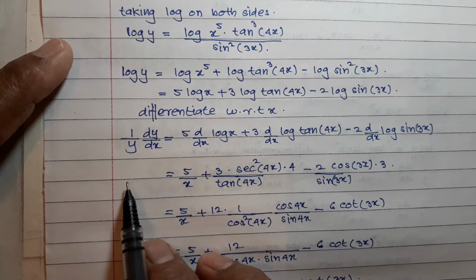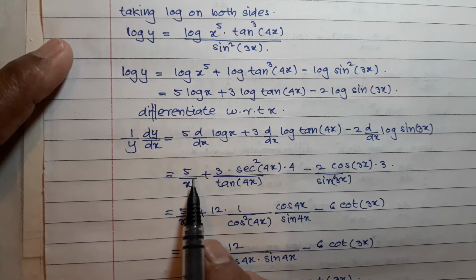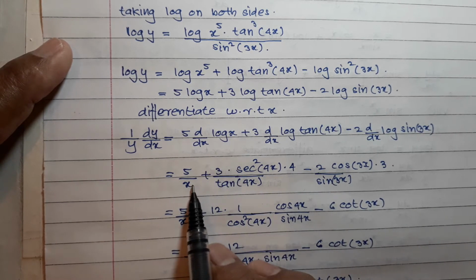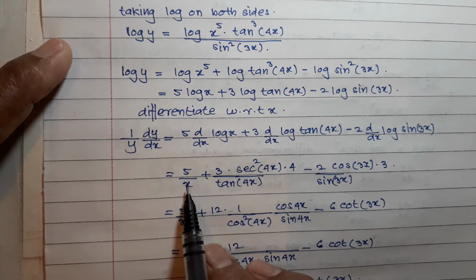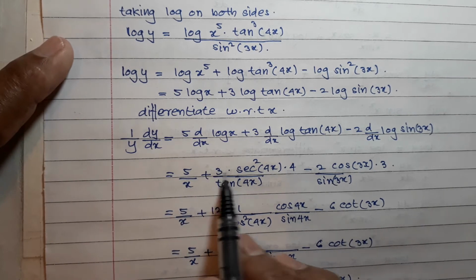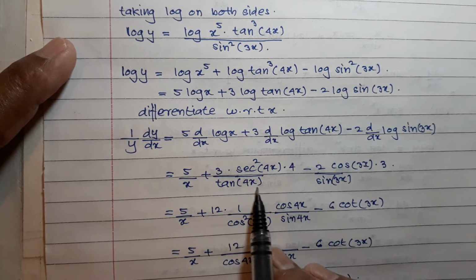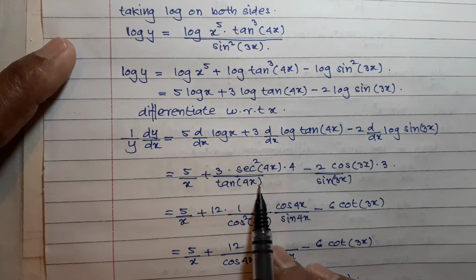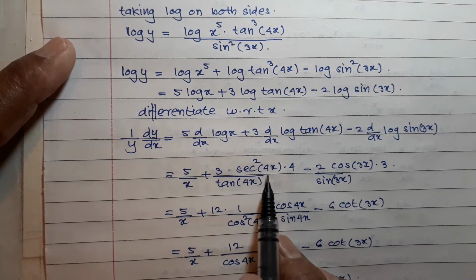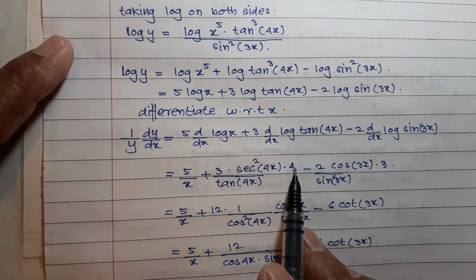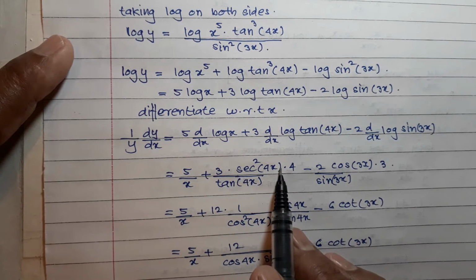And therefore 1 upon y dy/dx is equal to 5 upon x, since the derivative of log x is 1 upon x. Plus 3, the derivative of log tan 4x is 1 upon tan 4x, and the derivative of tan 4x is sec square 4x, and again you differentiate 4x, so that is 4. Okay, so this is a composite.